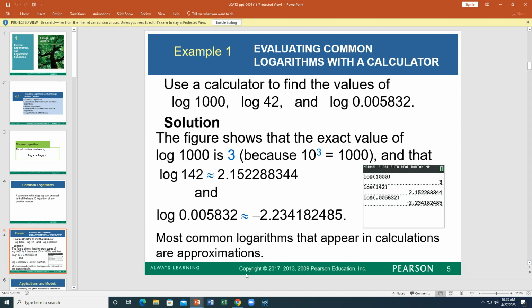Then you can just use your calculator to evaluate log 1000, log 42, log 0.005832. You can do that using a calculator, okay?